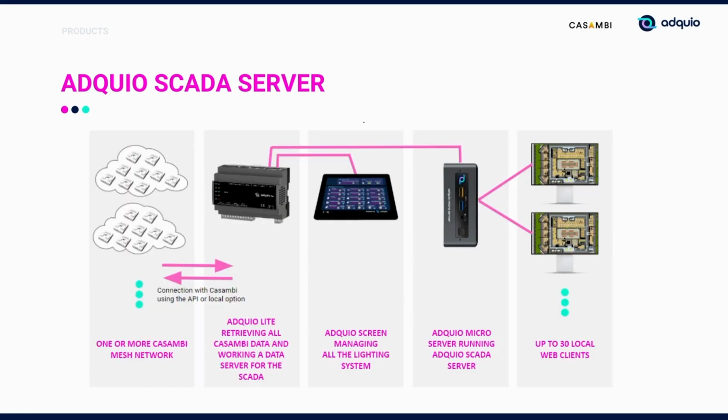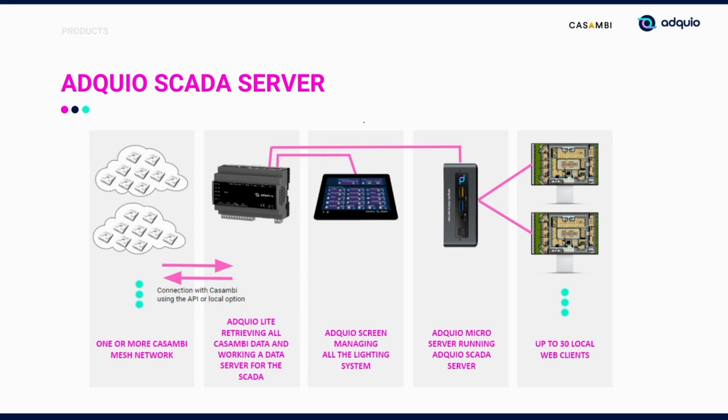Next, we will see the architecture that we will use for the presentation, from right to left. First, you can see one or more screens in which we will visualize the SCADA. This screen will be served by an Adquio microserver running the Adquio SCADA Server software.